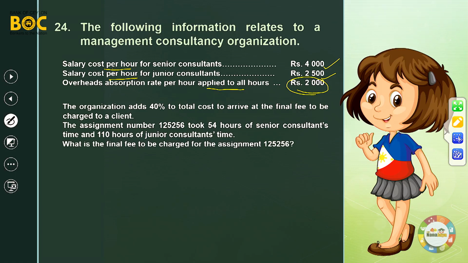The organization adds 40% to the total cost to arrive at the final fee to be charged to a client. They calculate the total cost, and on that they add 40% to decide the final fee.